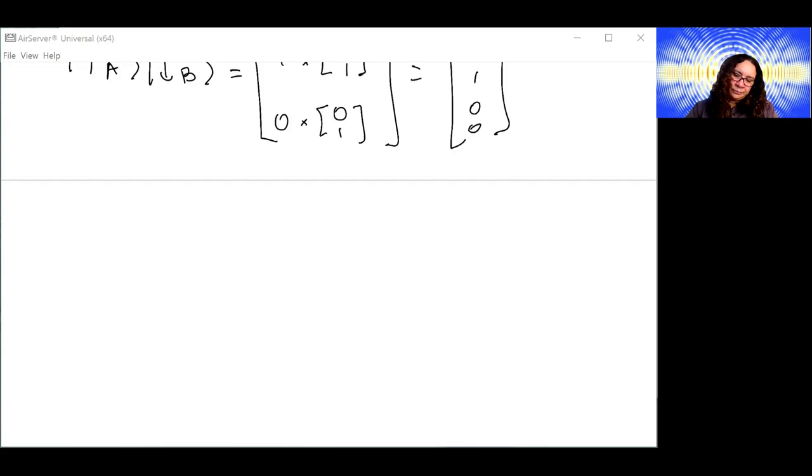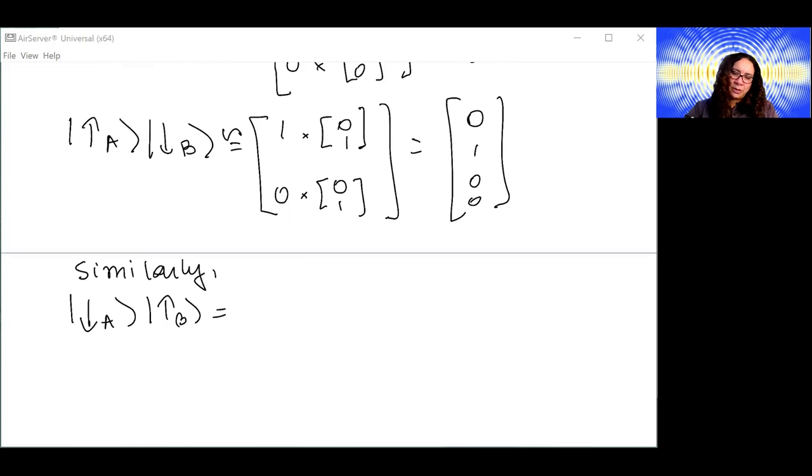Please try this out so that you know how this holds. I'm not going to derive this because it's pretty much like the other ones.